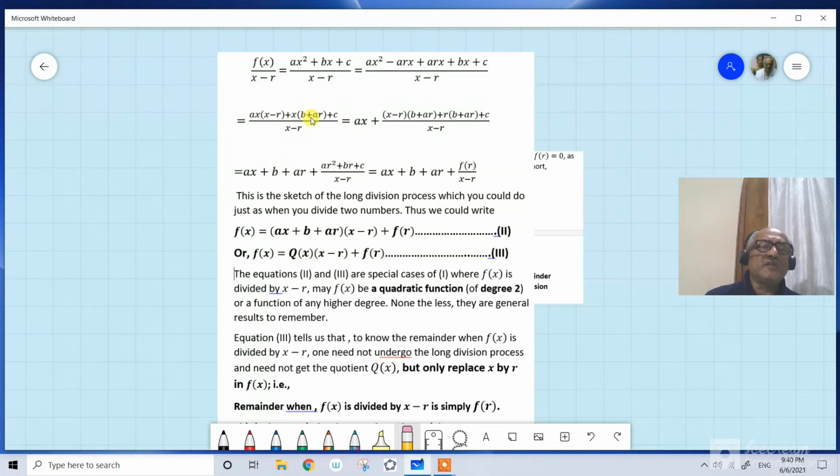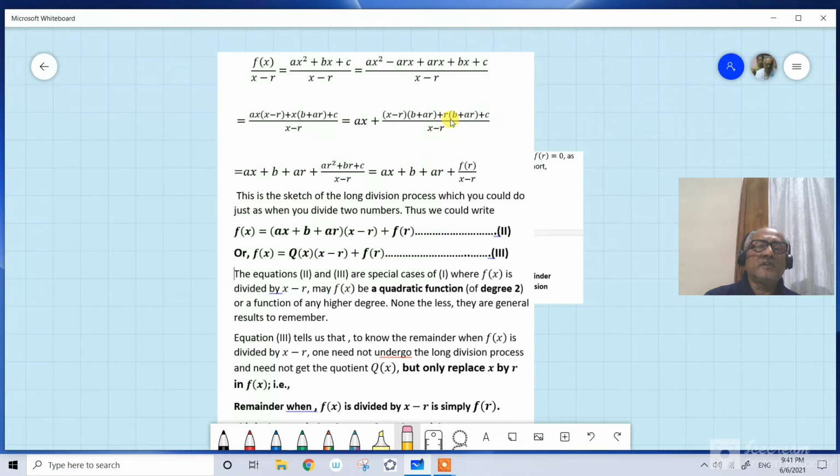For the second term you subtract another term, minus r into b plus ar, and then add again r into b plus ar. So this becomes x minus r into b plus ar. This first term you divide by x minus r, it remains b plus ar.